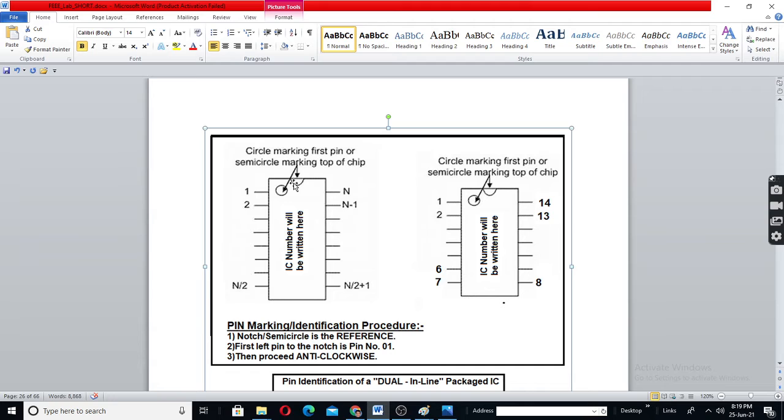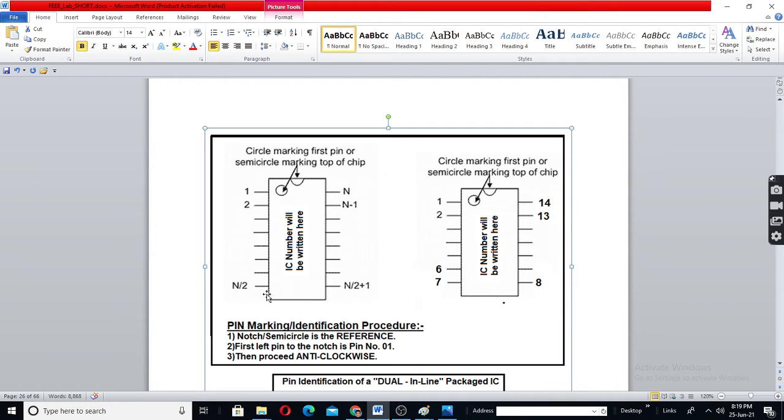And then the first left pin next to the notch is pin number 1. Then proceed anti-clockwise, like this: 1, 2, 3, 4, 5, 6, 7, 8, 9, 10, 11, 12, 13, 14, 15, 16. This is a 16 pin IC.